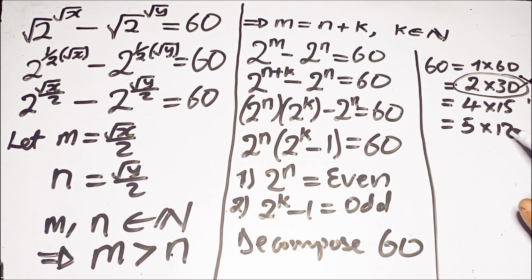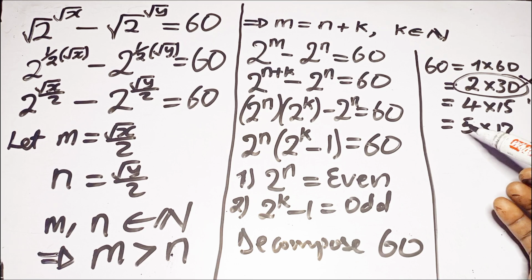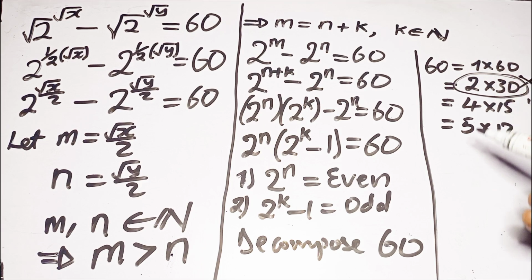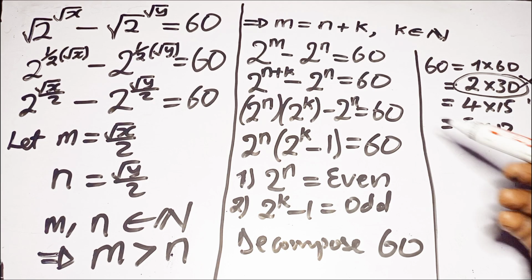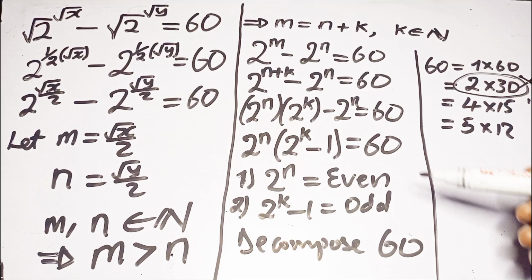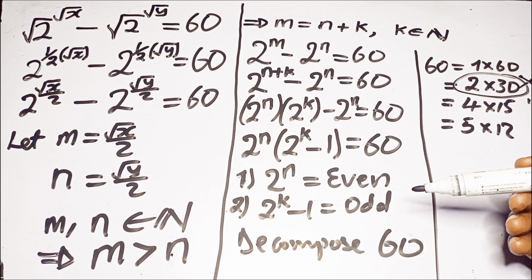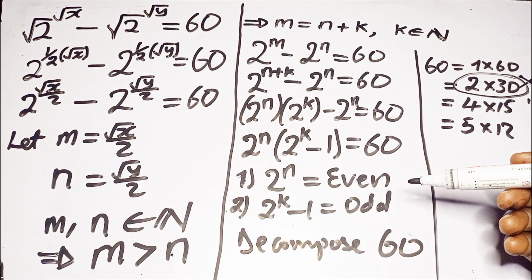Coming over here, we have 12 is even, and 5 is odd. Well done. So now, which of these other three decompositions will match the left-hand side of this expression? That is our next level of thinking that we're going to summon to come up with the rightful choice.